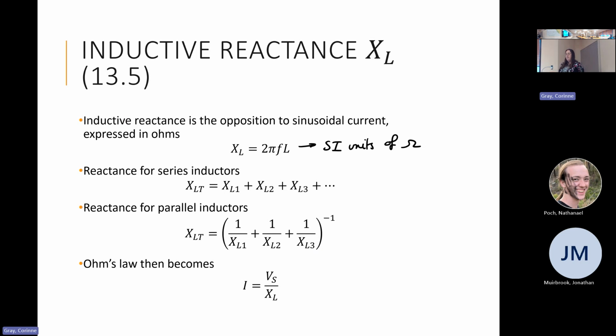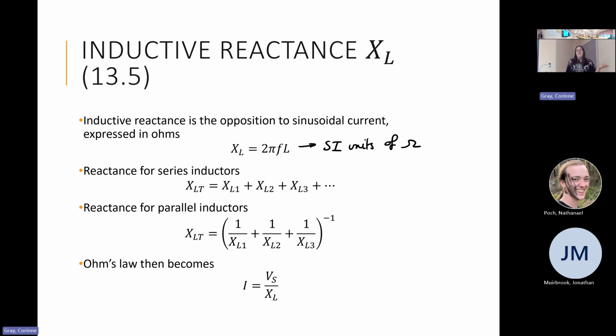And once we have our inductive reactance, we can treat it like a resistor. So we add all the values together when they're in series, and we inverse them, add them together, and inverse it again when we have them in parallel.